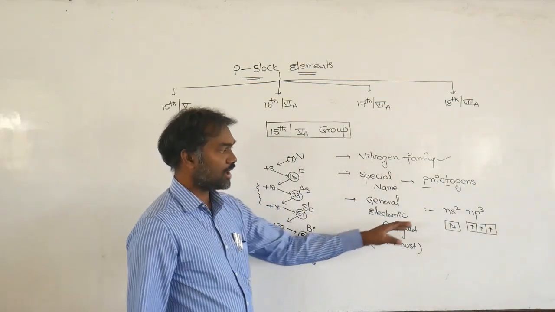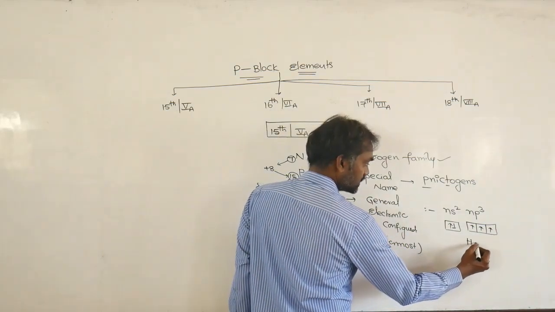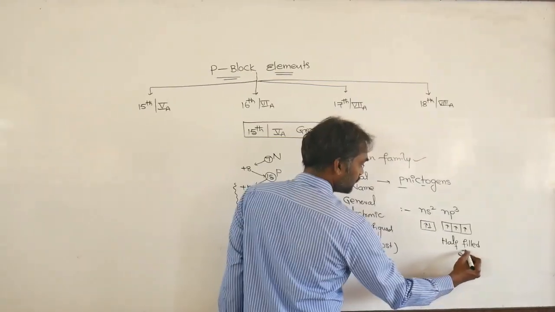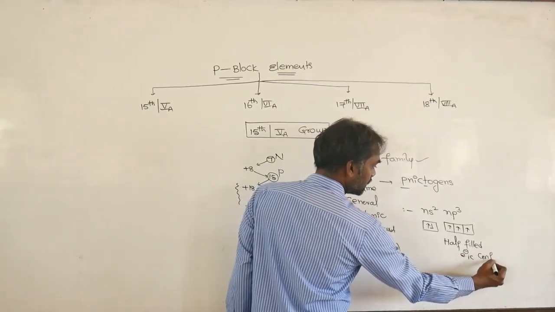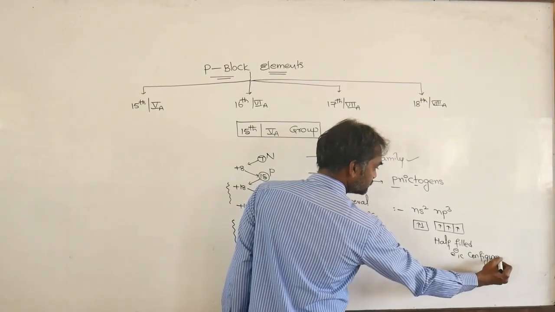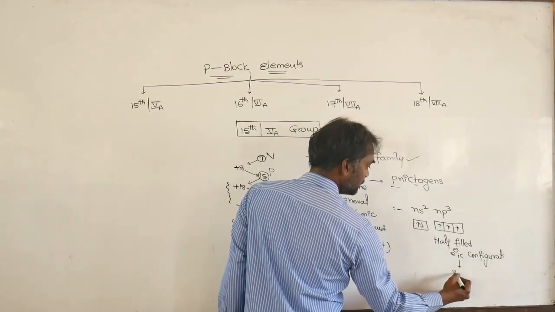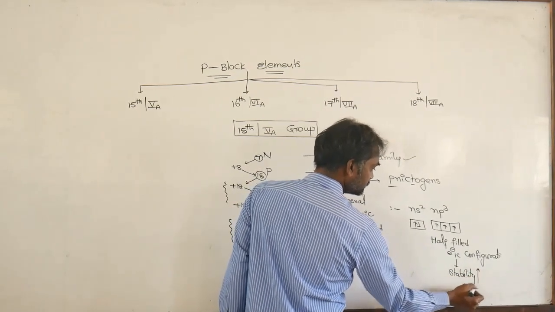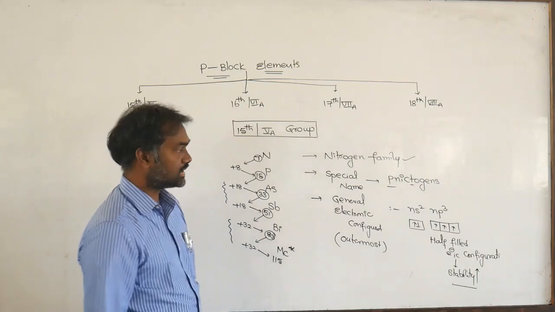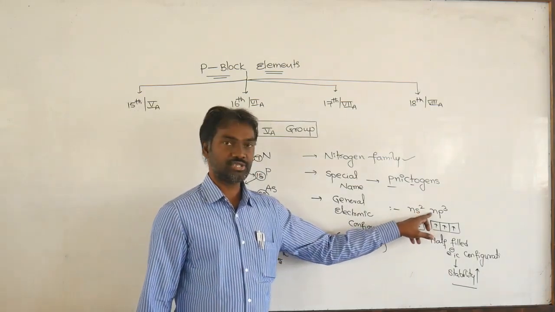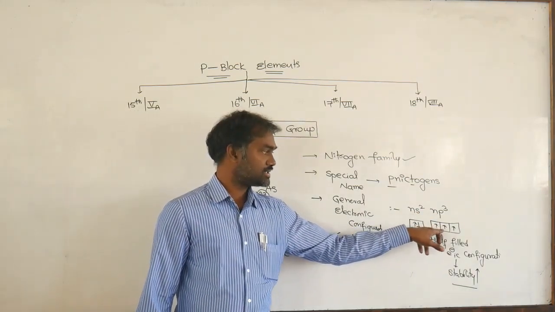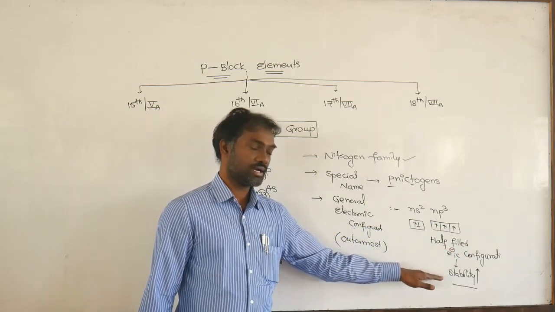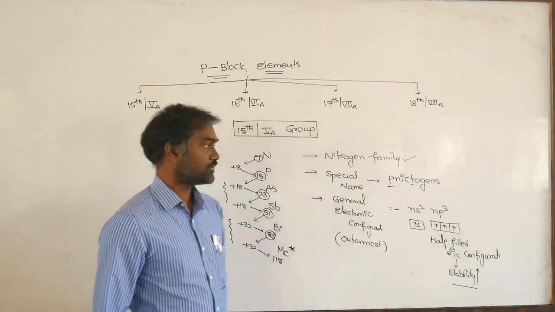Because of the half filled electronic configuration, stability is more. So the general electronic configuration is ns2 np3, the p orbital is half filled, and the half filled electronic configuration has somewhat more stability.